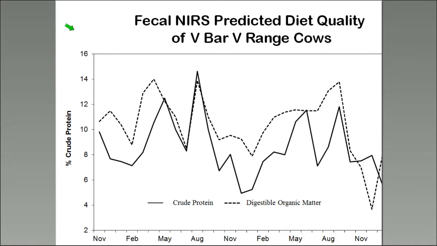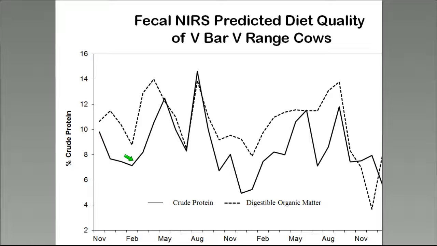So if we look at monthly fecal samples that were collected on this ranch for about a 2-year period, you're going to see that same pattern play out that we saw in the plant tissue samples that were collected, and in the overall Arizona fecal samples, and both of those look very similar. So we'll see that same pattern here on one ranch and one herd of cows collected monthly.